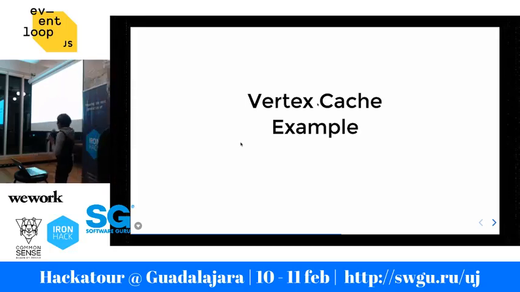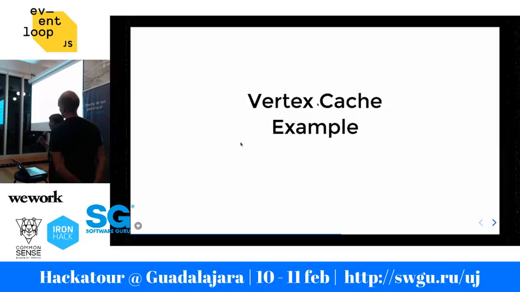Hey everyone. So with Vertex Cache, we were basically attacking this problem of how we want to take an animation from Houdini, which I don't know if anyone's heard of, but it's a 3D modeling and simulation software. And we want to take this animation and port it to the web so that we can view it interactively.